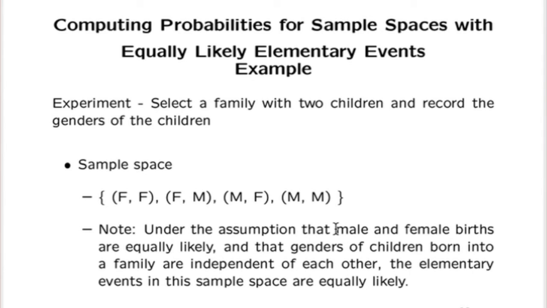Actually, the assumption that male and female births are equally likely is not quite true, but we're going to pretend it's true for the purposes of this example. So under those assumptions, these four outcomes are equally likely.